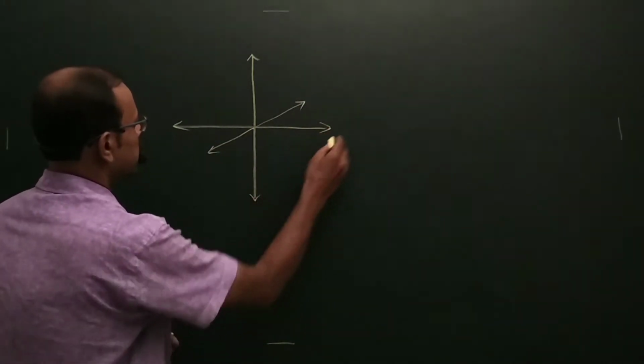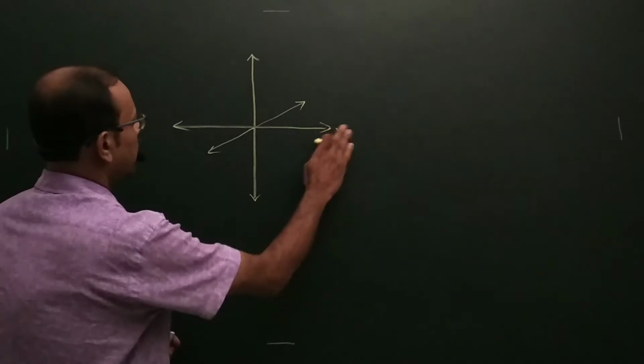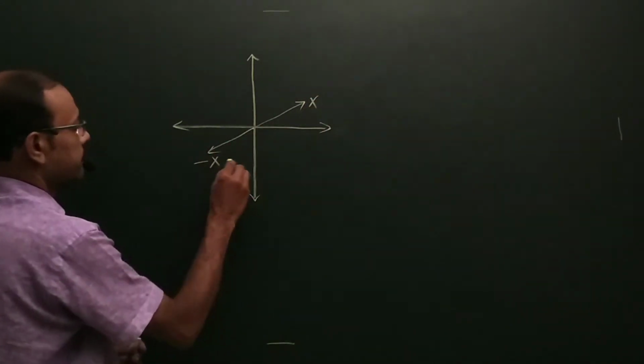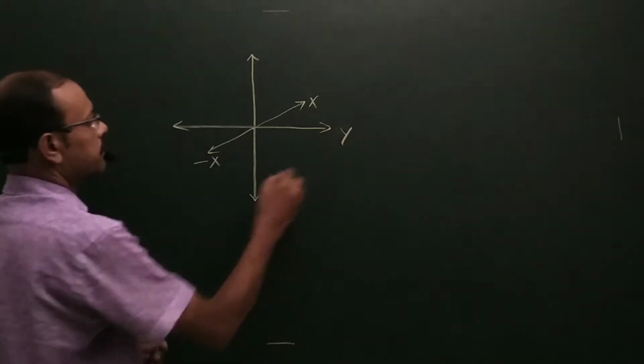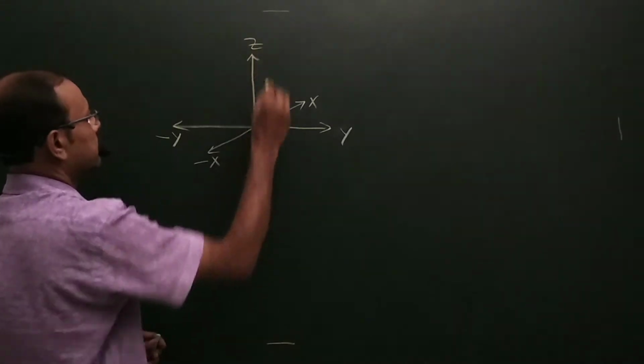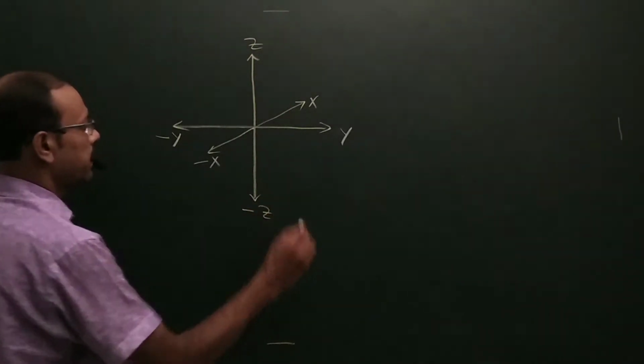This is the x-axis, and this is minus x, this is the y-axis, this is minus y, and this is z, and this is minus z direction.